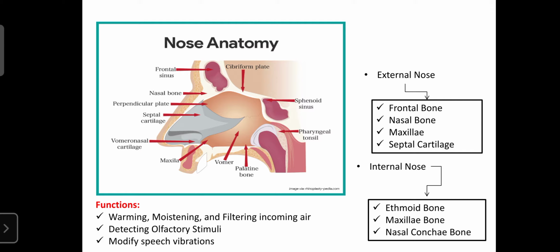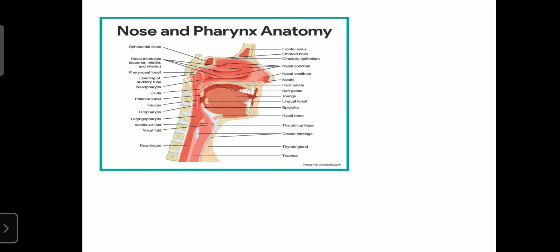When you talk with a classmate, the sound is different. With a close one, also different. When you're angry, the sound is different; when you're cold or happy, the sound is different. That resonance to the sound is created by the nose. So the nose has the capability to modify speech vibration. These are the important functions of the nose. Next we can go for the pharynx anatomy.